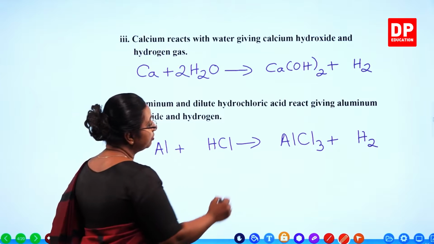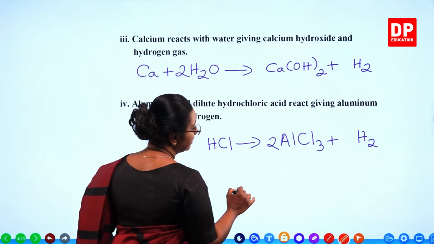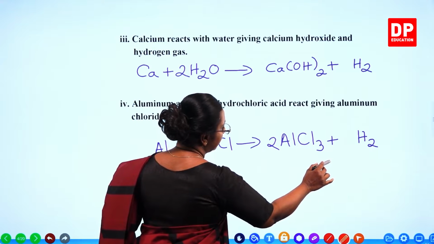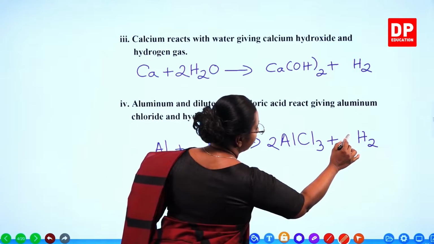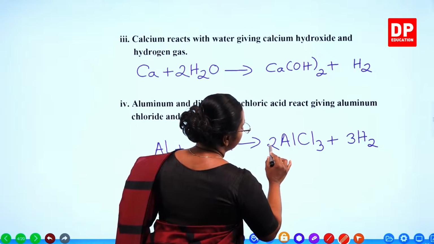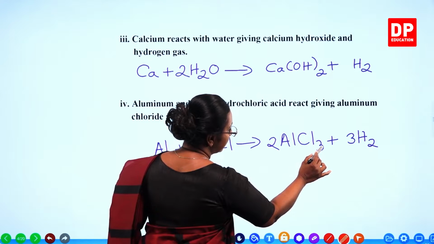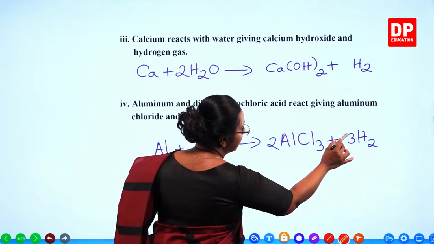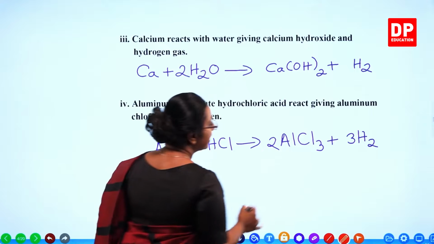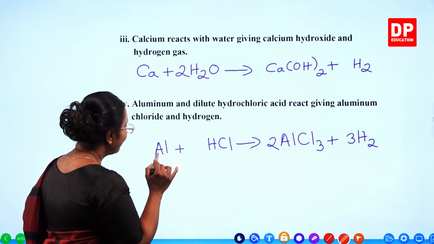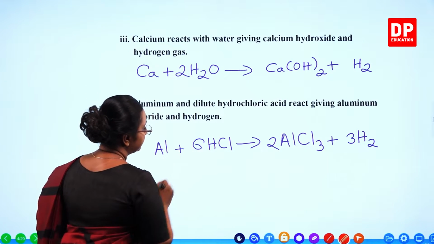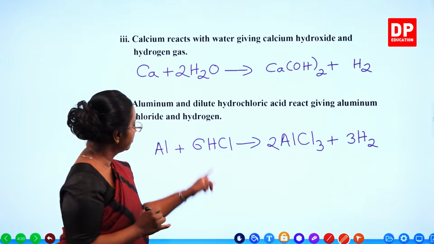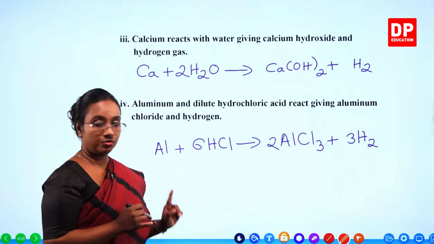So, what can we do? We can put a 2 in front here, 2 AlCl3. Then, we need to have 3 H2. So, you have 2 into 3, 6 chlorines as well as 3 into 2, 6 hydrogen atoms. So, to balance that, we put a 6 in front of HCl. So, we have 6 hydrogen, 6 chlorines.